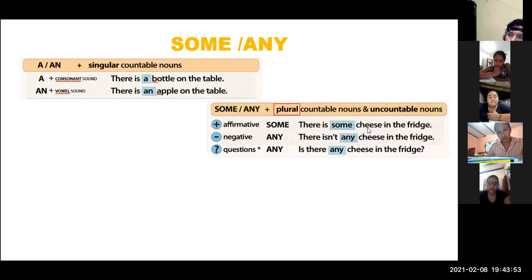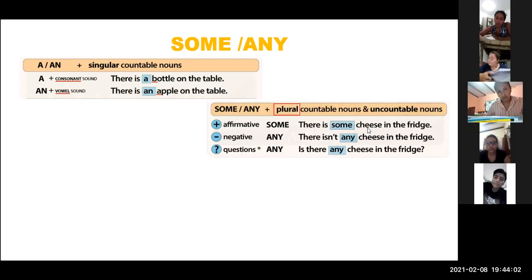What about you, Andres? Give me a sentence, an affirmative sentence with some and a plural countable noun. Okay, teacher.